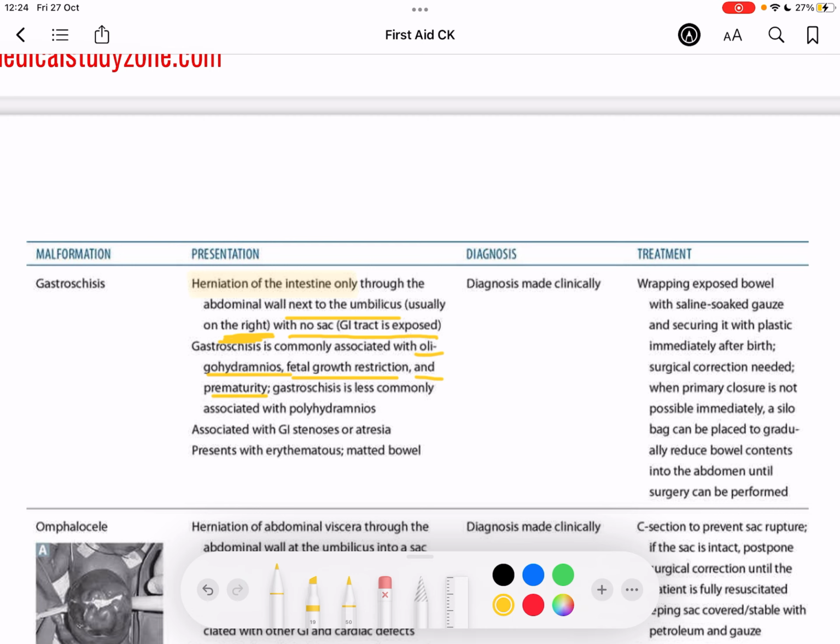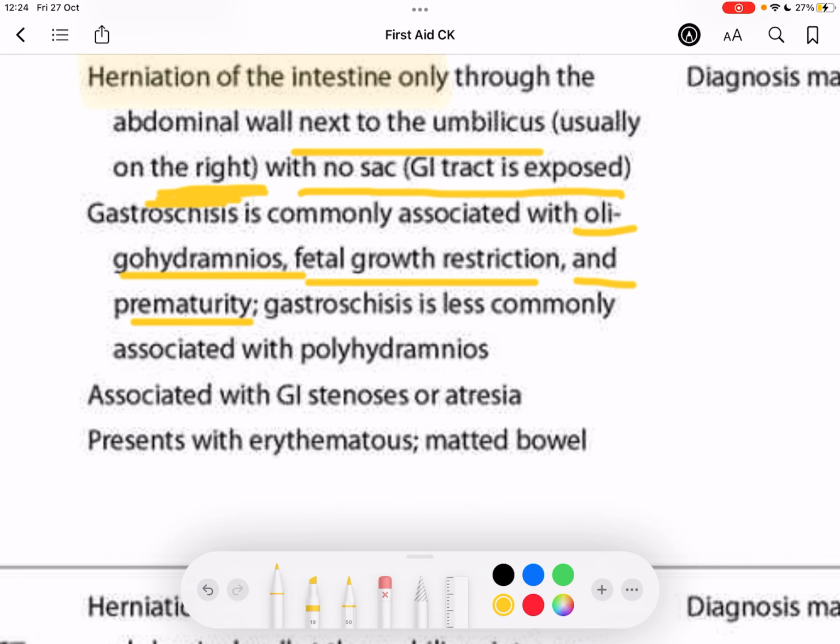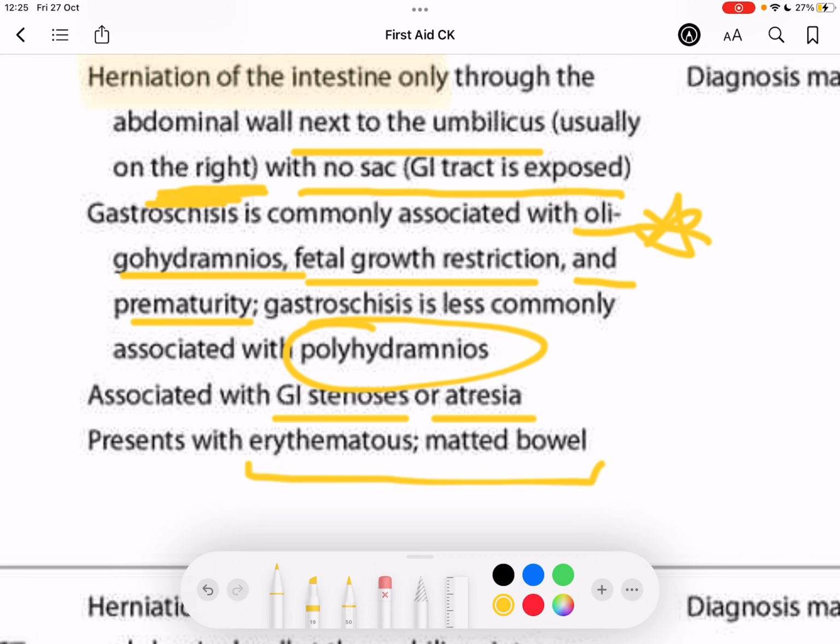There are some studies that suggest gastroschisis has a relationship with polyhydramnios, i.e. an increased amniotic fluid, but for your boards, definitely remember oligohydramnios as the association more so. It's also associated with other GI malformations such as GI stenosis and GI atresia, and usually on presentation you see this erythematous matted bowel.